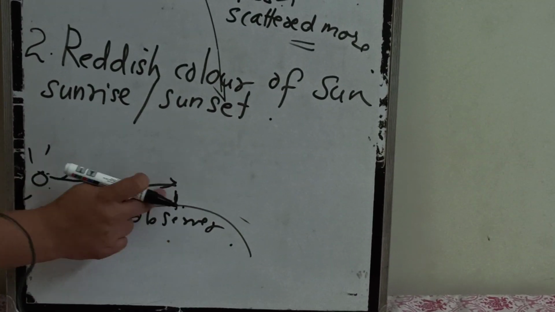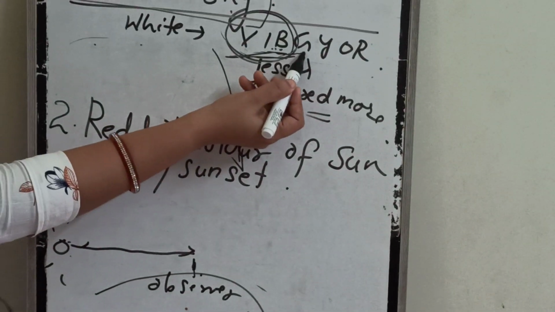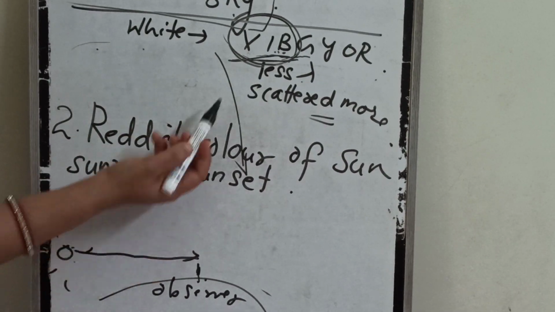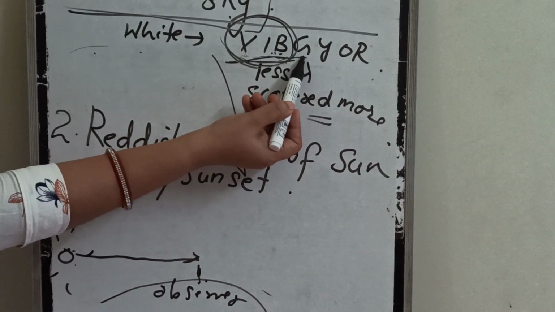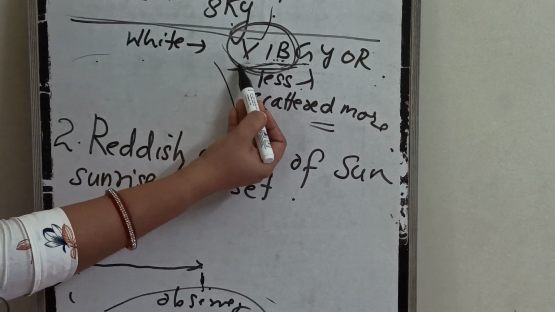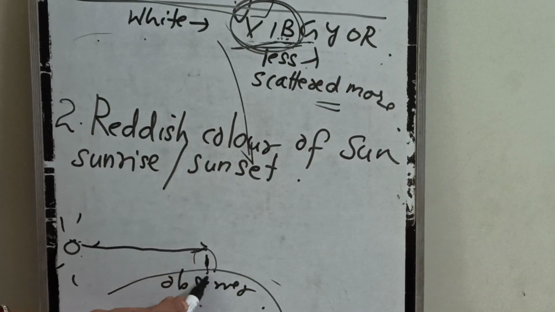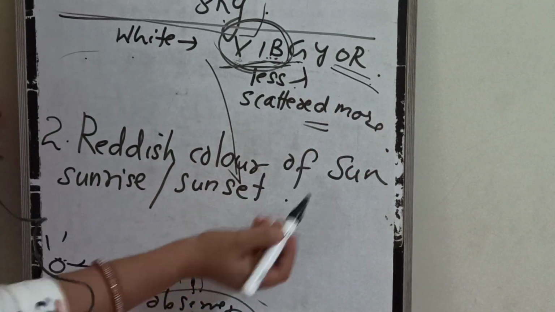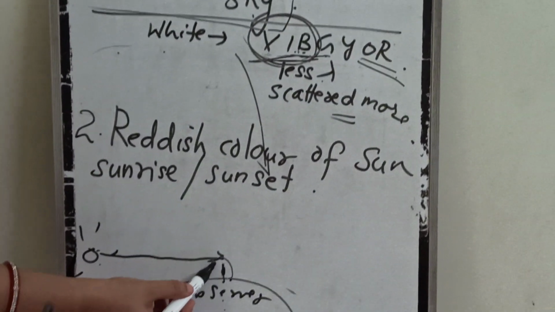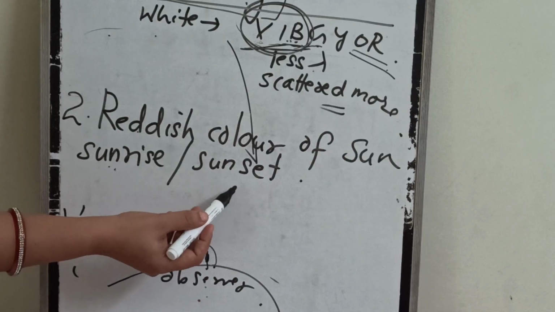So, during its journey, what will happen? As we already said, this region will get scattered, because these are all of less wavelength, isn't it? This blue region is of less wavelength. So almost this region will get scattered off, and finally when it reaches the eyes of observer, he can observe which color? A reddish orange color. That is the reason why you are seeing sun as red during sunrise and sunset.